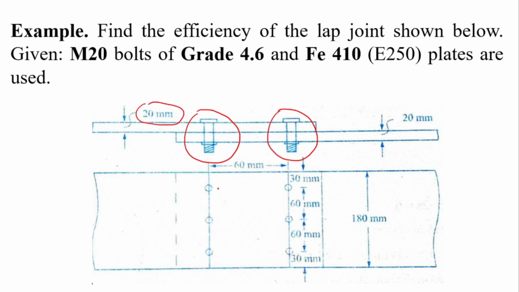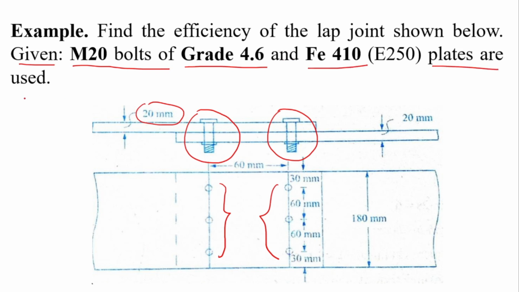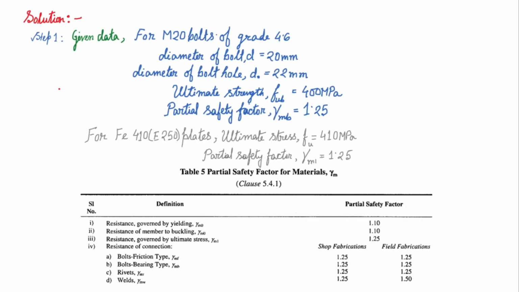Total 6 numbers of bolts are used. So these are the given data. M20 bolts of grade 4.6 and Fe 410 plates are used here. So let's start the problem. So this is the solution.